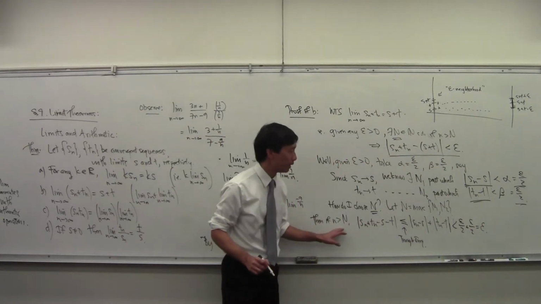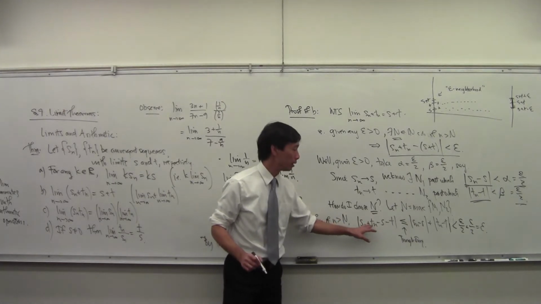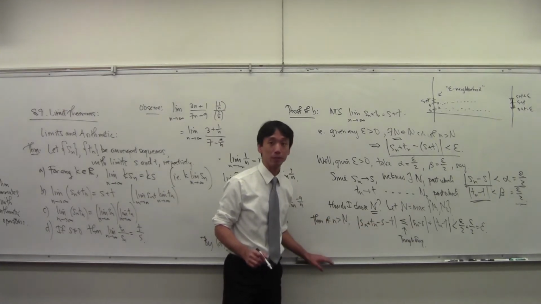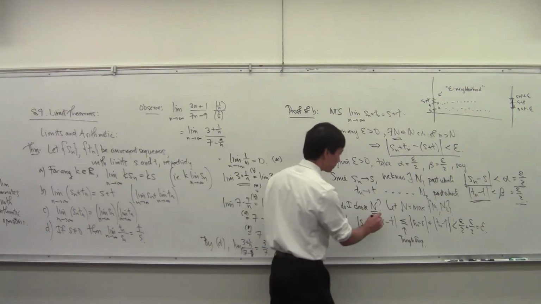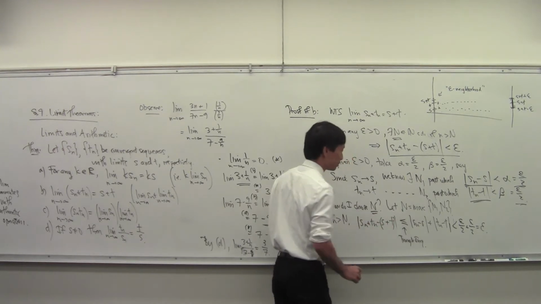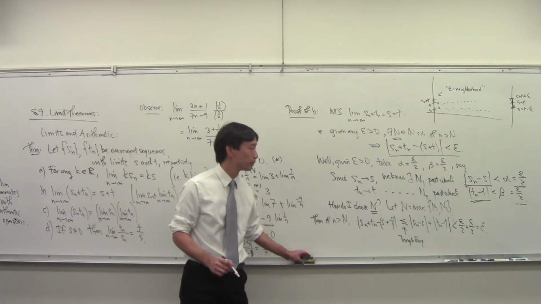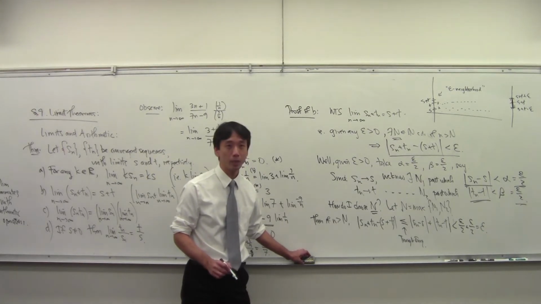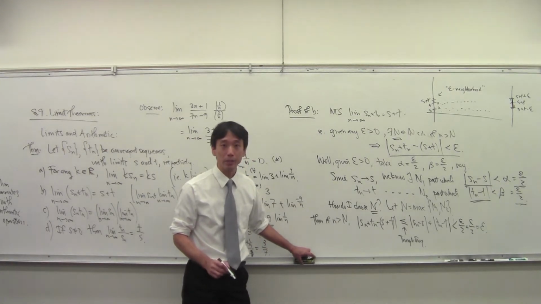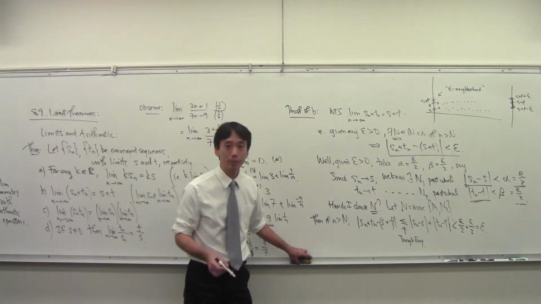So past that n, the sum is close to S plus T. So we can make the sum of the sequences as close to the sum of the limits as we desire. Okay.